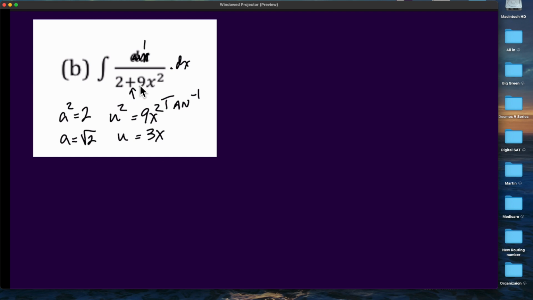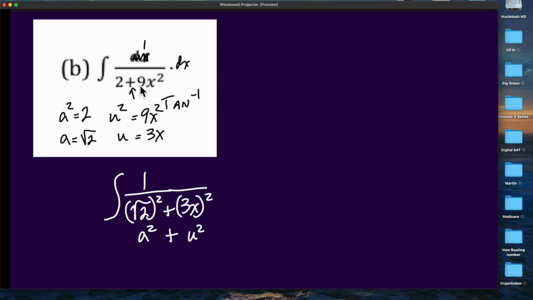All right, we're going to go ahead and rebuild our integral. We're going to have 1 over square root of 2 squared plus 3x squared. This is none other than a squared plus u squared.